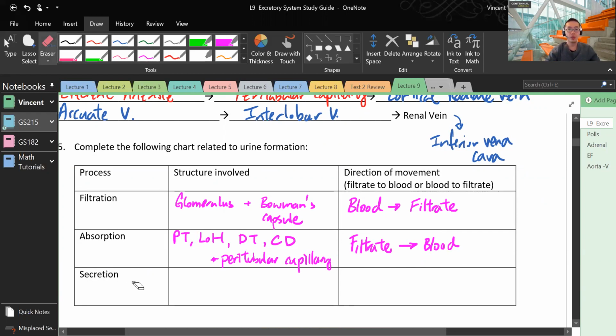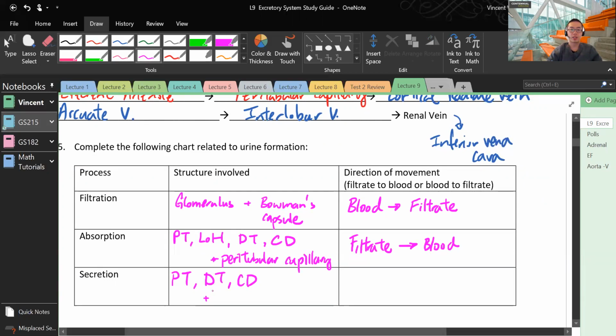Secretion is to take the stuff that you missed from the blood. Maybe there is some more waste product that you missed in the filtration step and you want to get rid of it. And that's going to be taking place in the process of secretion. And it will happen at the proximal tubule, not the loop of Henle, but the distal tubule and the collecting duct.